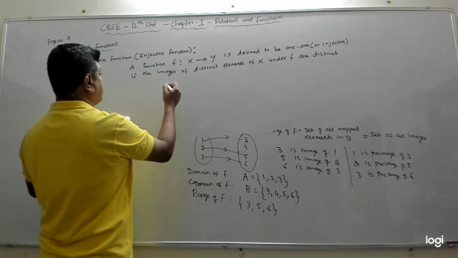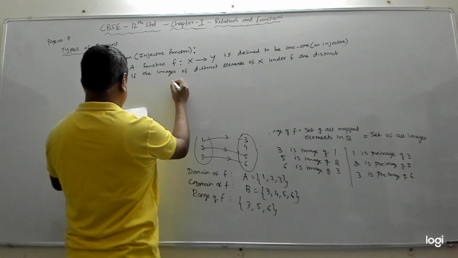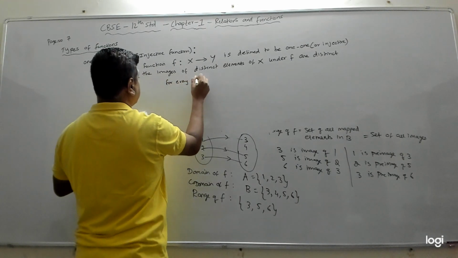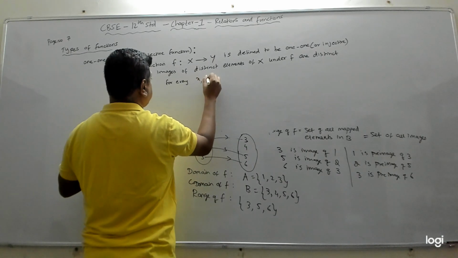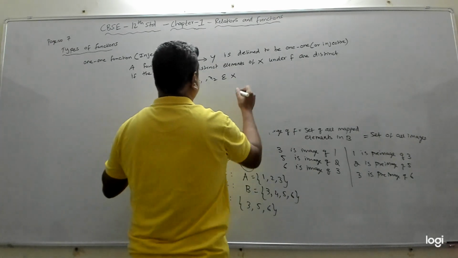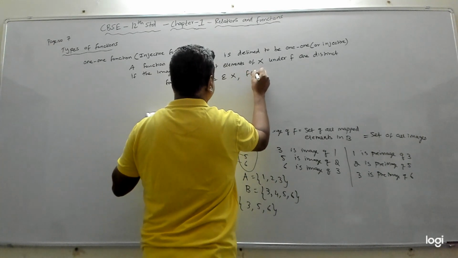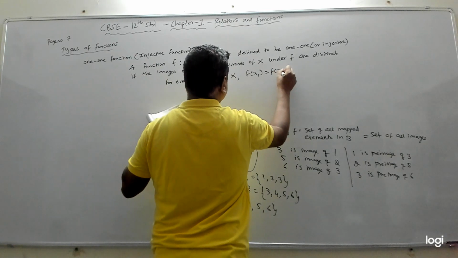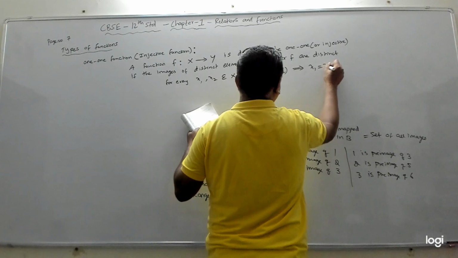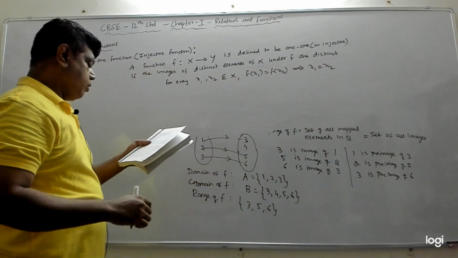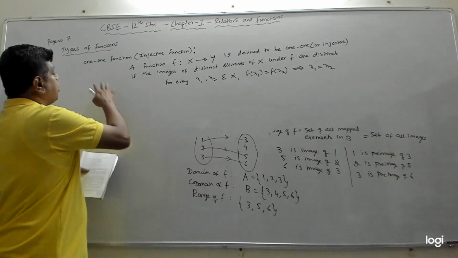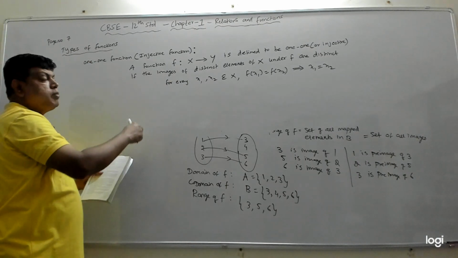In other words, for every x1, x2 belonging to the set x, f of x1 equal to f of x2 implies x1 equal to x2. If it is not one-to-one, we call that function many-to-one.